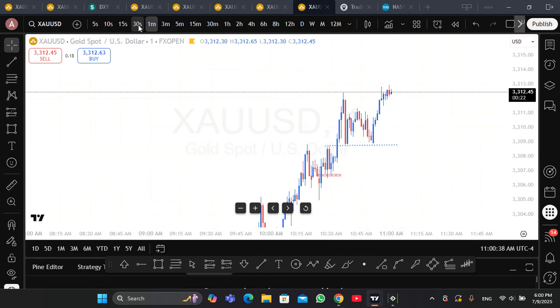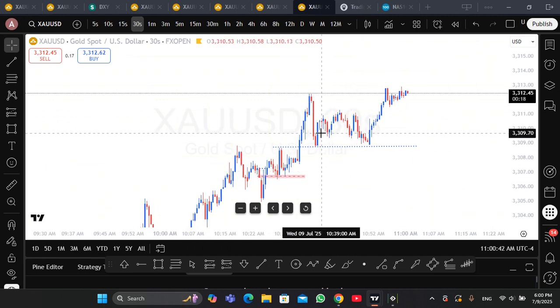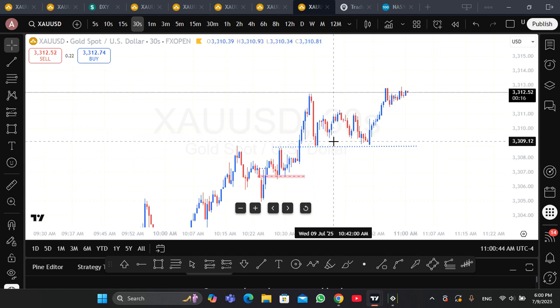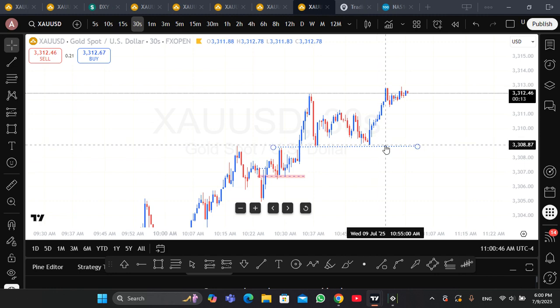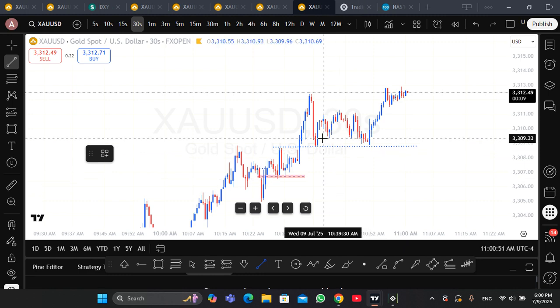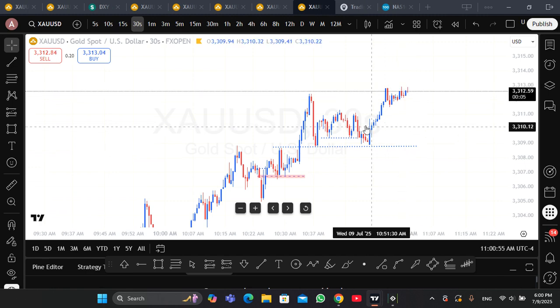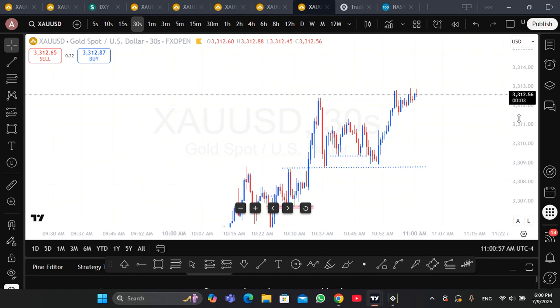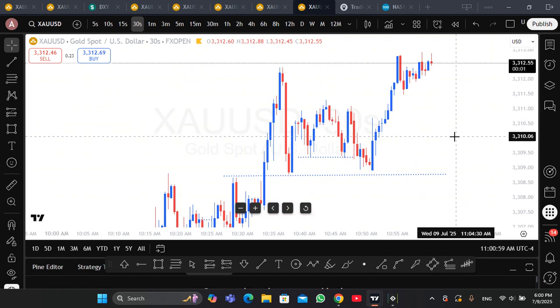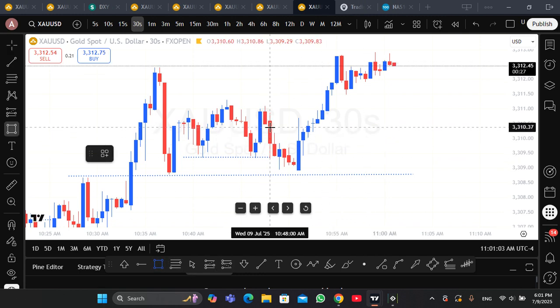The second thing, when I go to the lower time frame, this is a fair value gap, an inverted fair value gap, and the price moves upward, sweeping these lows, and then moving upward. This is an inverted fair value gap, you can utilize it.